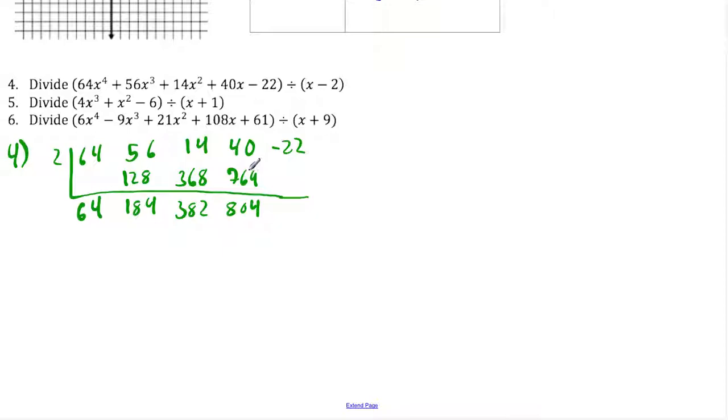And then if we multiply that by 2, we're going to get 1608. Finally, we have a negative value, so if we add that, we're going to get 1586. So what does this mean?